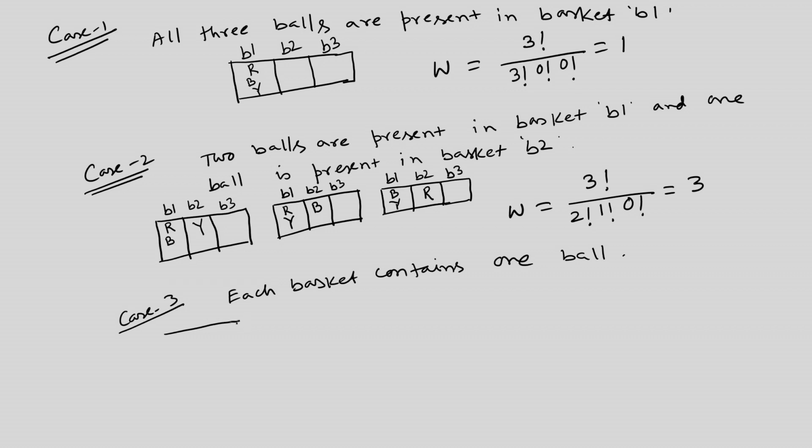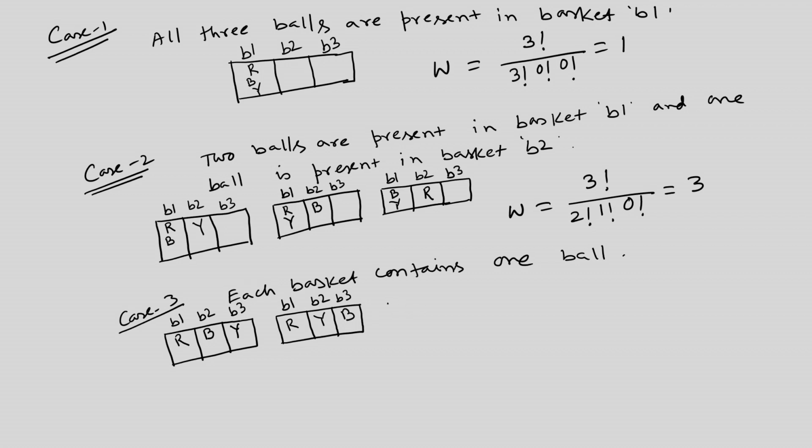So, we have three baskets, B1, B2, B3. First, we put ball R in B1, ball B in B2 and ball Y in B3. Now, we keep R as it is and interchange ball B and Y, and we get another configuration, R, Y, B, right.